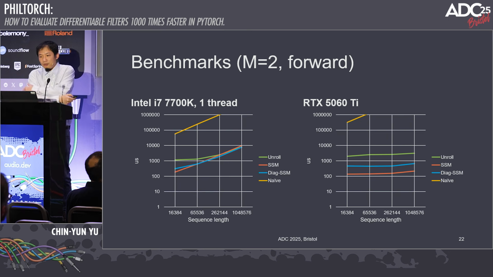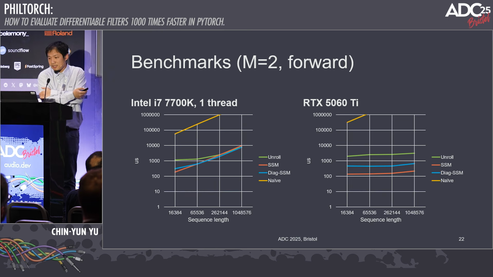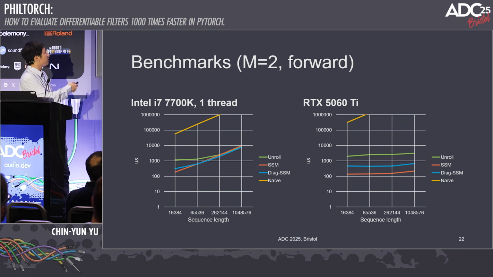I use a second order filter, a very fundamental building block for any higher order filter. I benchmark the runtime on an i7 CPU and an RTX 5060 Ti. And you can see that by just using a custom kernel, the SSM is already more than 100 times faster than the naive for loop method.